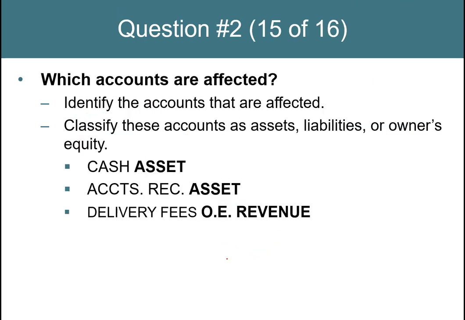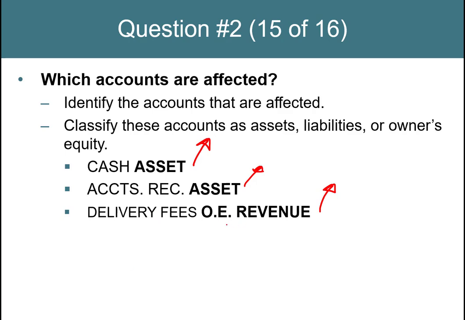So there will be an increase in cash. Our accounts receivable, the amount expected to be received at a later date, also increases, and our delivery fees revenue will also increase. Why is delivery fees our revenue? Because this is our main business. We provide delivery services, so our customer will pay these delivery fees to us.